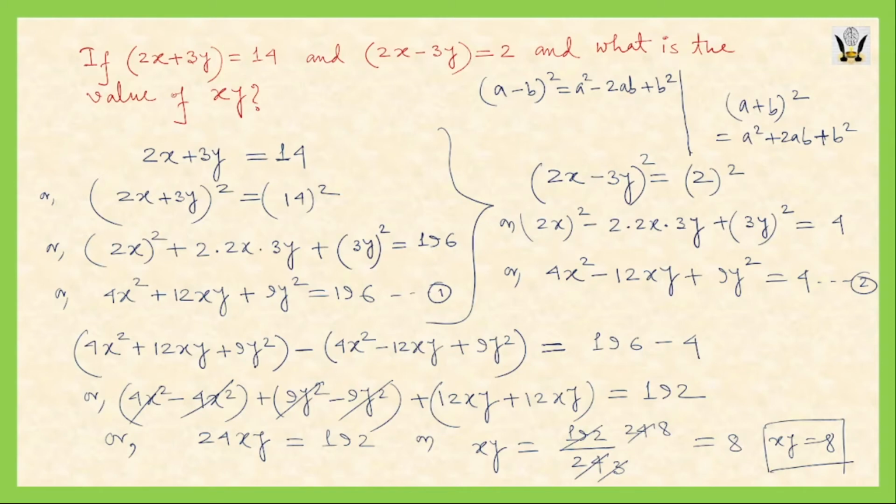If we have subtracted, the x square and y square terms vanished and only the xy terms remained. So if we add them, the xy term will vanish, because here it will be 12xy and here it will be minus 12xy, so this negative term and positive term will vanish, and the x squared term and y squared term will remain in the equation.